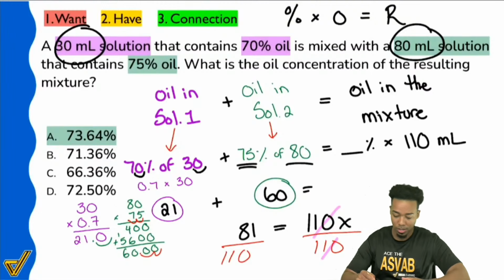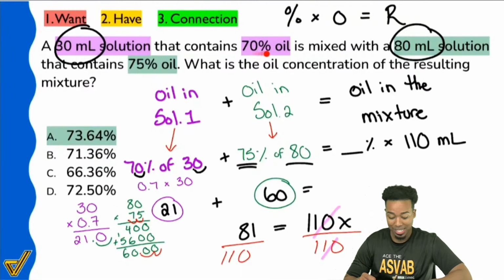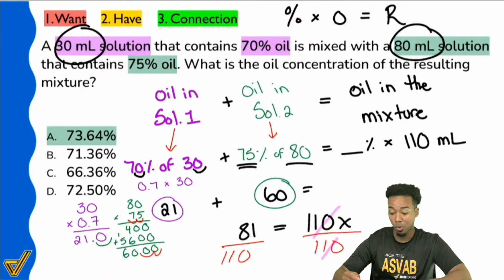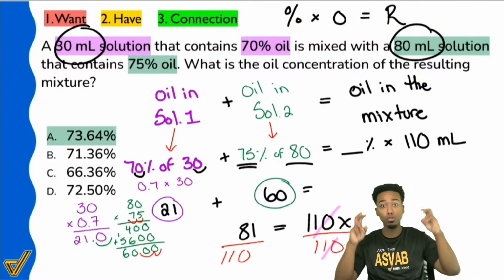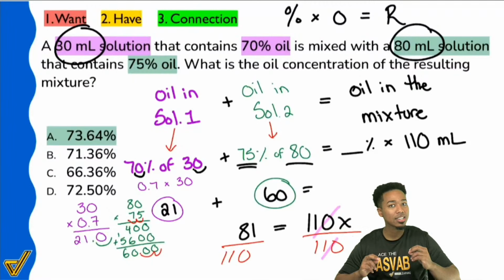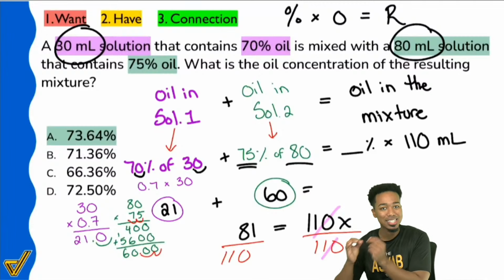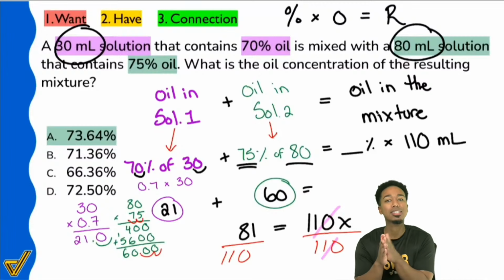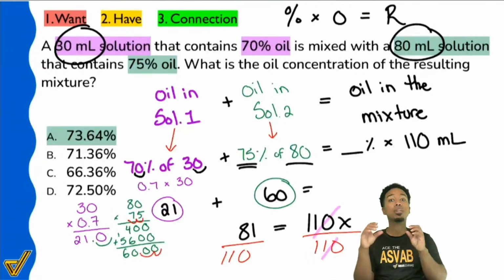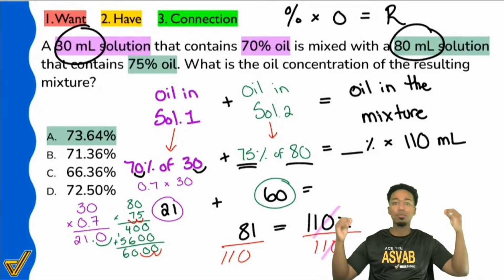Look over here. Right here it says, hey, 30 milliliters. That 70% corresponds to 30 milliliter total. This 75% corresponds to an 80 milliliter total. So those totals or boxes of pizza are different shapes and sizes. They cannot be mixed together in that way by just taking the percentages because their totals are not the same representation.